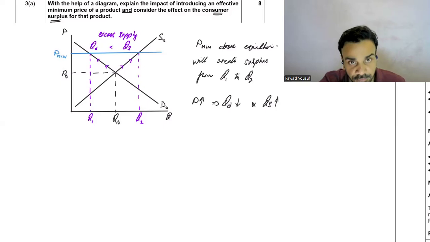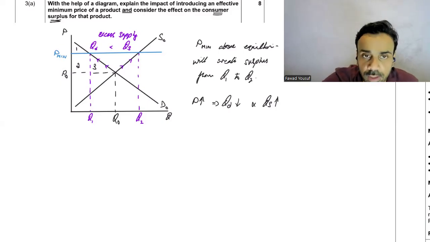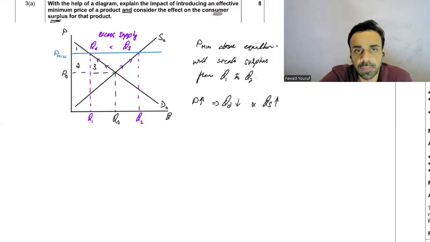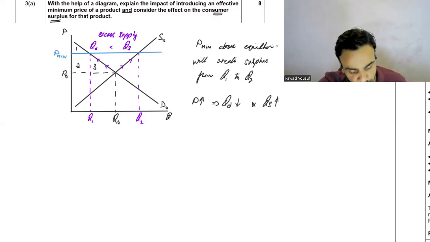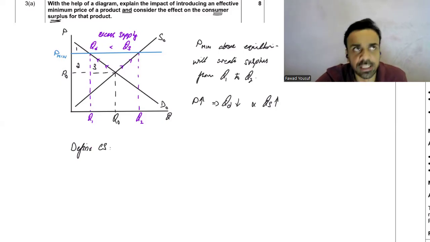In fact, even in my diagram, this is what I would actually do. मैं अपने डायग्राम के अंदर सेकंड पार्ट को भी कंसिडर करूंगा. And I will use this particular figure to do my explanation of what will happen to consumer surplus as a result of minimum price.